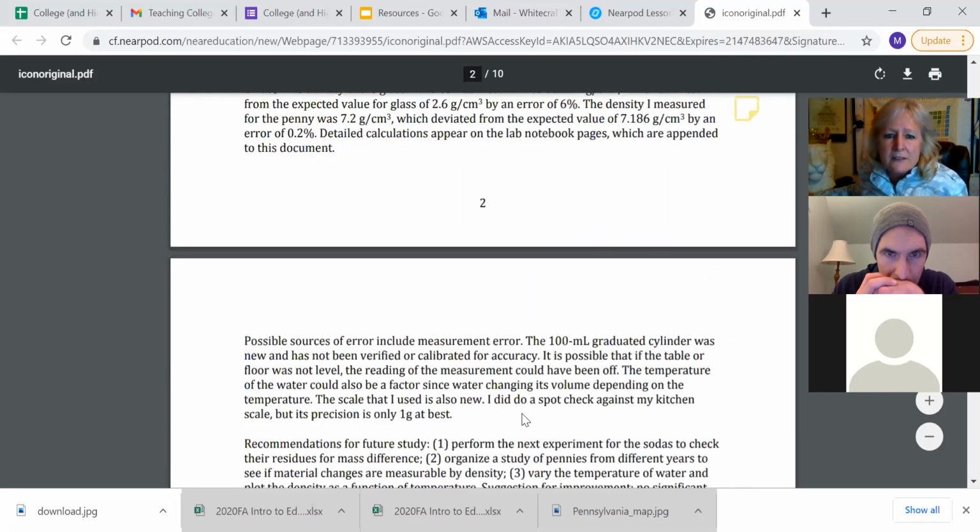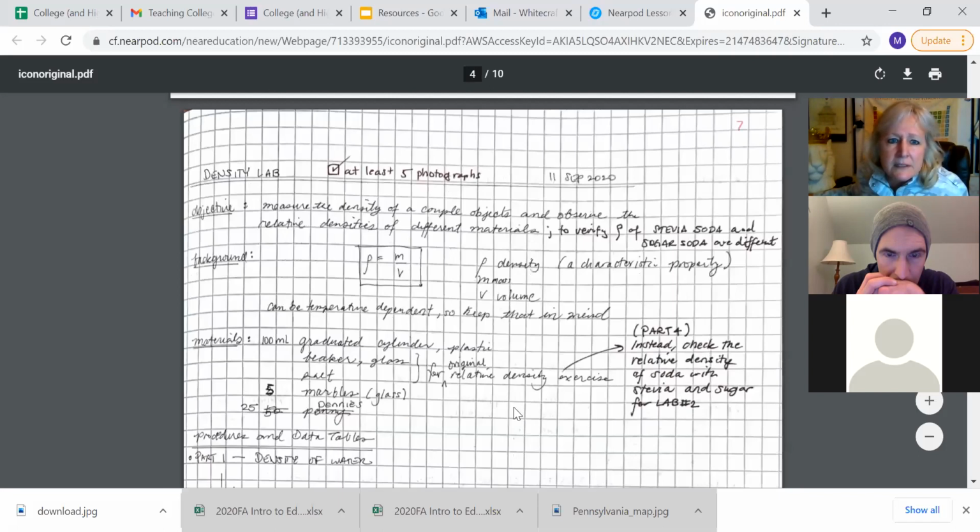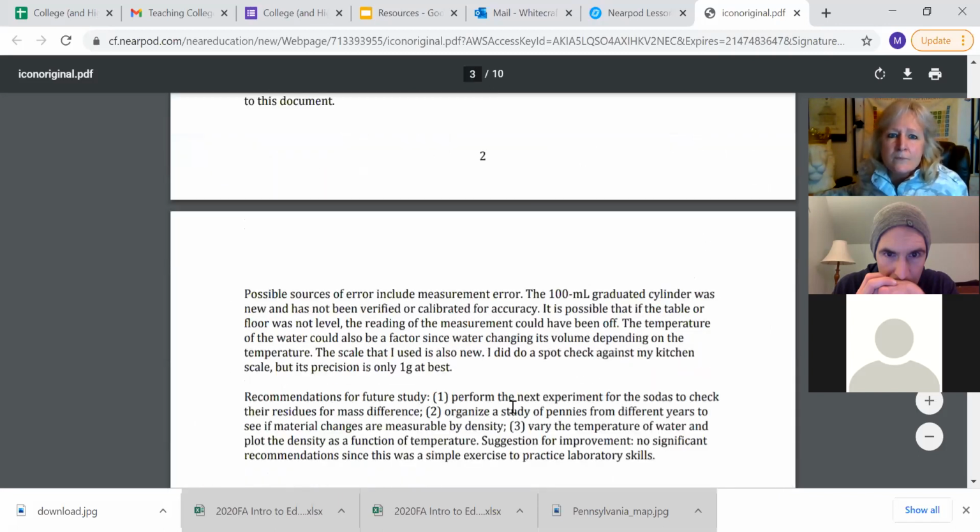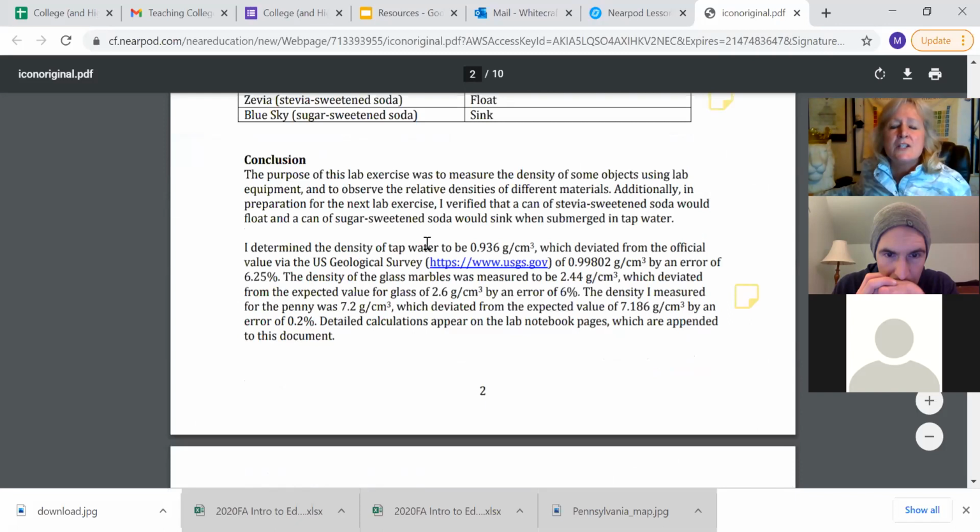When you go to this student's conclusion, okay, here it is. I determined the density of tap water, deviated, and they're even reporting where they're getting their theoretical values from. The density of glass marbles, 2.44 grams per cubic centimeter, which deviates from the accepted value of 2.6.